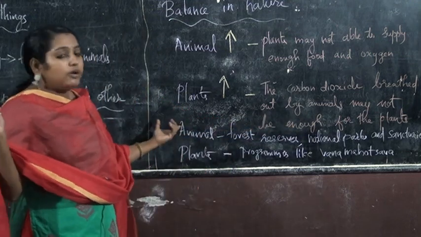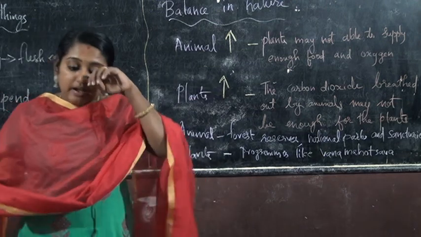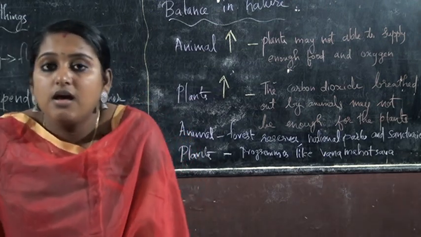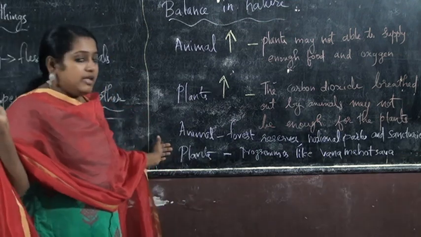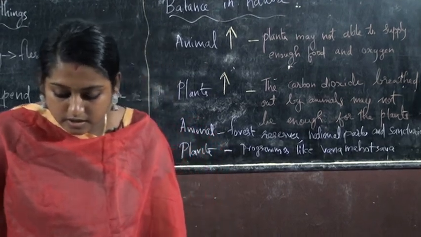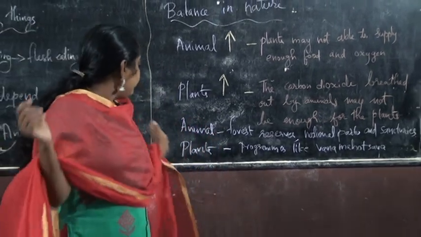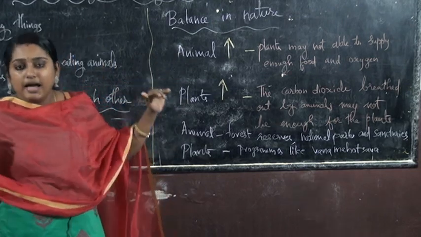Through these we have to protect animals. What about plants? We have heard about Vana Mahotsava. A program like that helps us to plant trees. Are all of you clear about this? So for life to go on, we have to protect animals and plants.